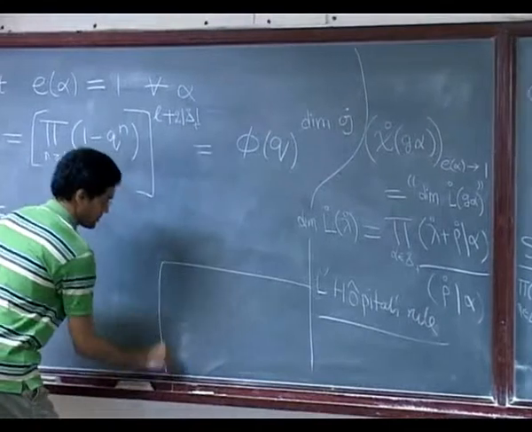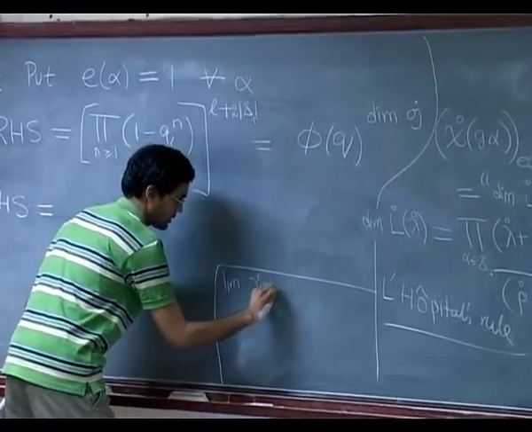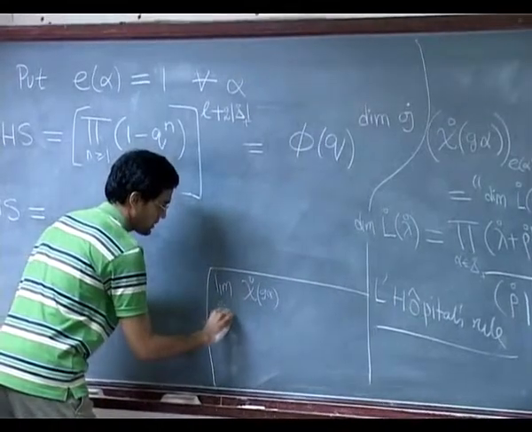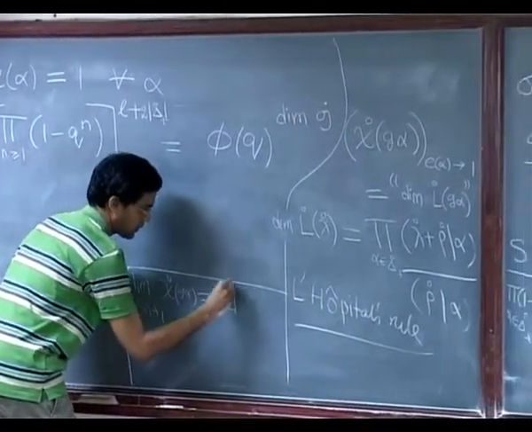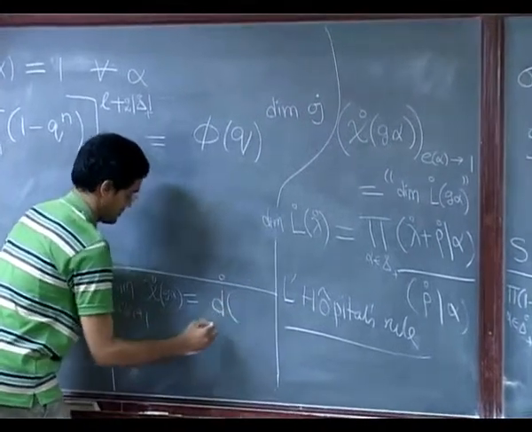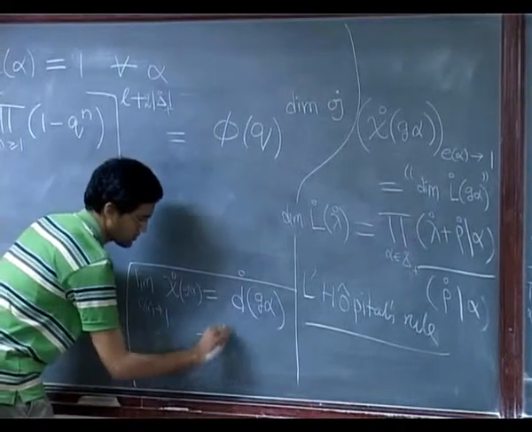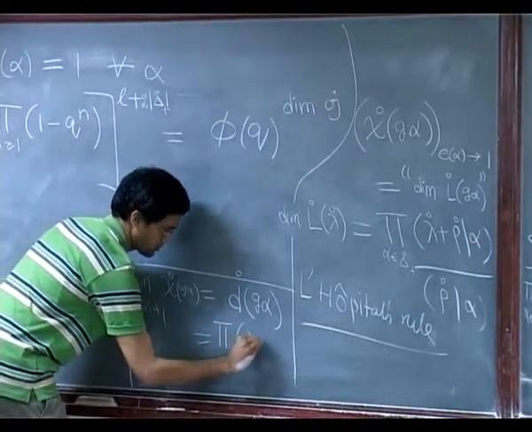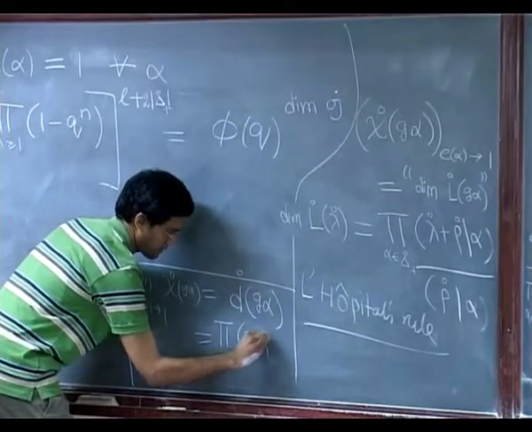So my claim is that when you take chi naught of G alpha and you try and put all those E alphas to 1, the answer is exactly what we will call D0 of G alpha, which is just this product, G alpha plus rho.